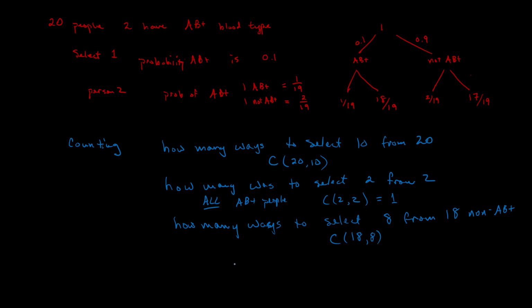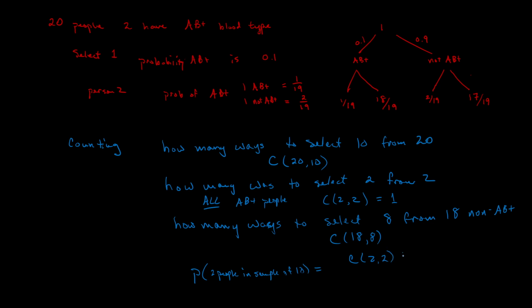So this becomes the probability of 2 people in a sample of 10 would be the combinations of 2 things taken 2 at a time.